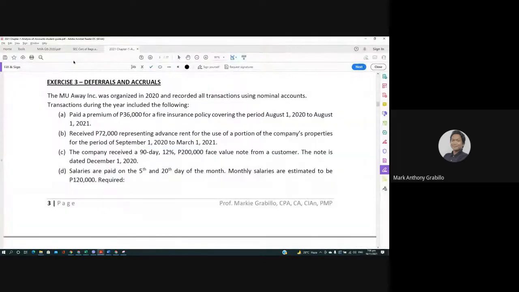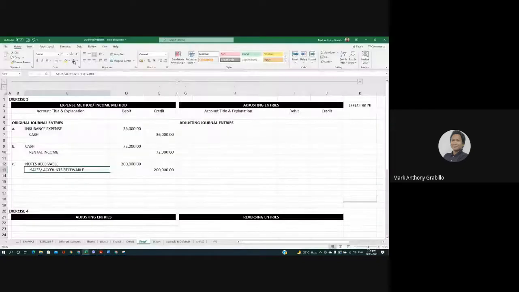Pero kapag yung problem is silent, then that automatically means to say na that is a sales transaction. Pero for the meantime, since this is our first time na maka-encounter ng ganyang problem, okay to, gamitin natin. I-accept ko yung inyong entry. So debit notes receivable, credit sales, accounts receivable, 200,000, 200,000.